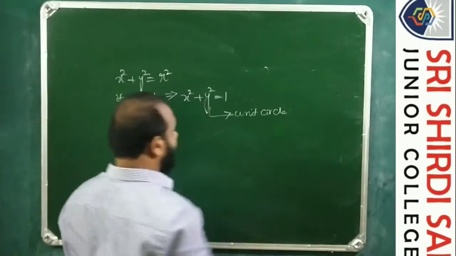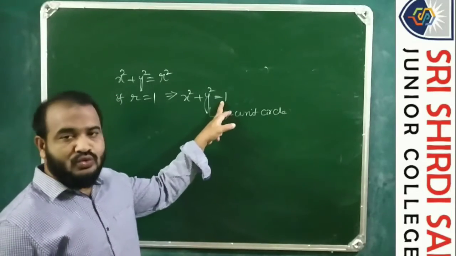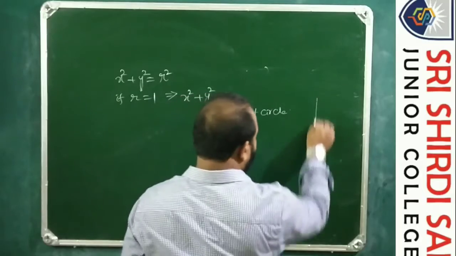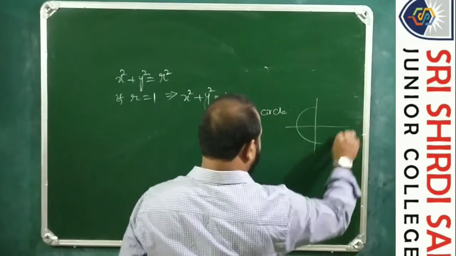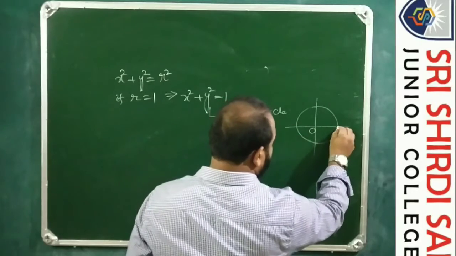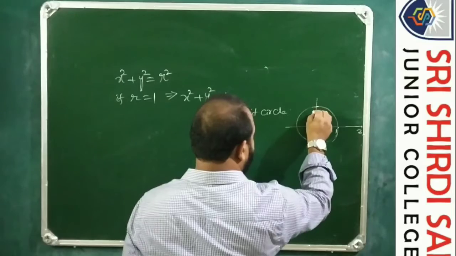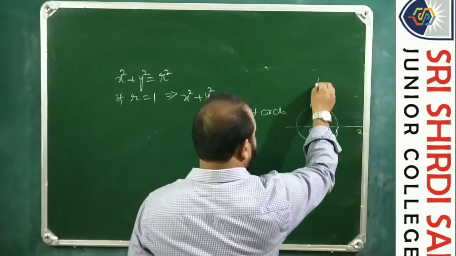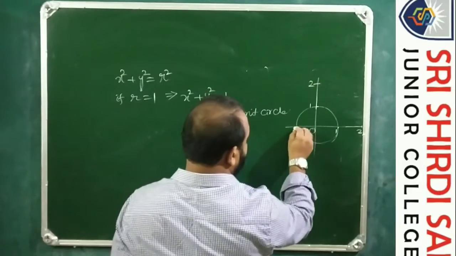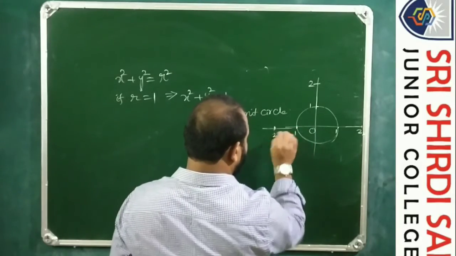Unit circle. What is a unit circle? The circle whose radius is equal to 1. So the circle is like this. This is 0, this is 1, this is 2, this is 1, this is 2, this is 1 and this is 2.